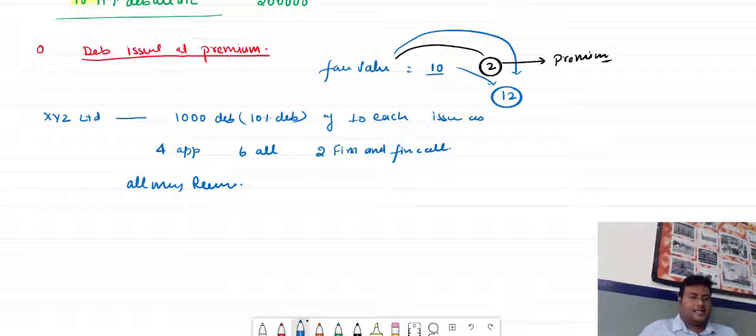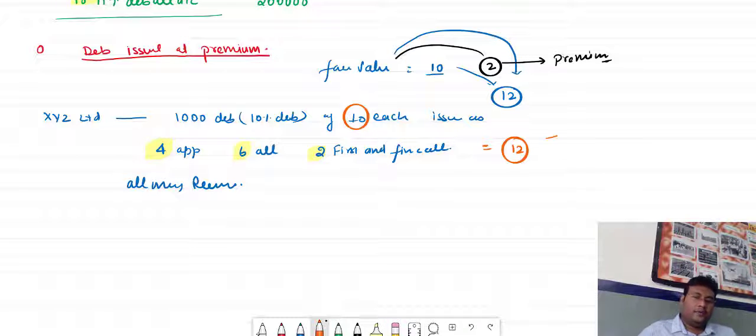Bacha, as you can see in this question, when we add the application, allotment and first call amount, the total is coming 12 rupees. 4 plus 6 plus 2, 12 rupees. And what is the value of the debenture? 10. So the face value of the debenture was 10, but the issued value is 12 rupees.